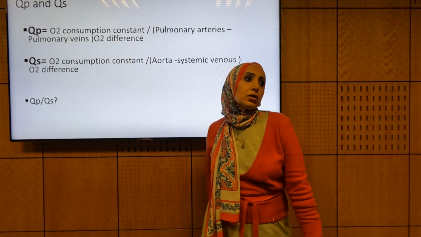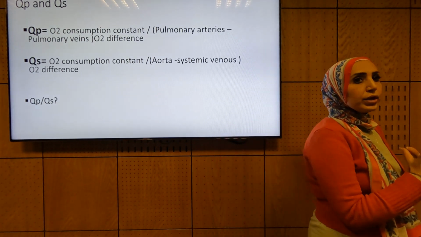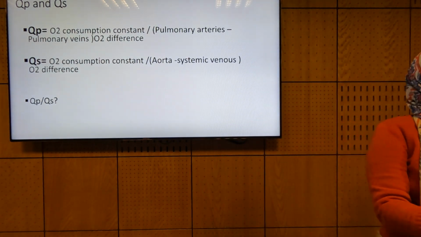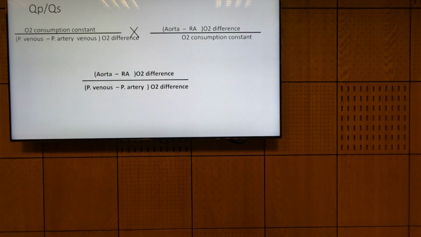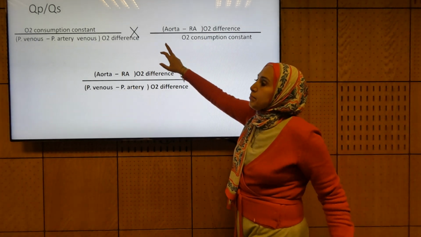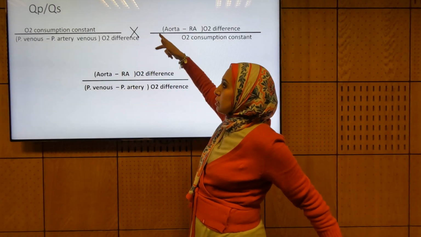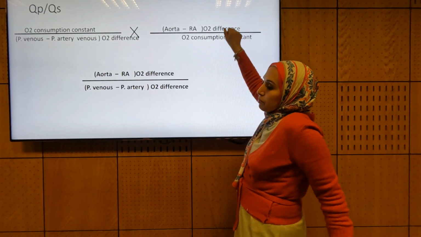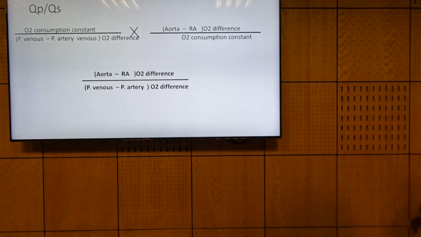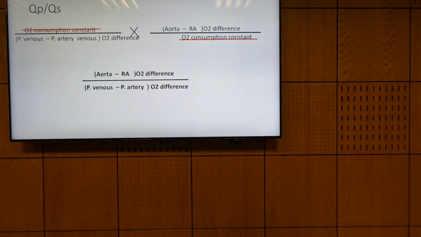Now comes the tricky part, where we correlate the QP to the QS. We have here the numerator and denominator. So in this way, oxygen consumption is divided by the pulmonary difference, and the other is divided by the systemic difference. We assume that the oxygen consumption is the same constant in both of them.